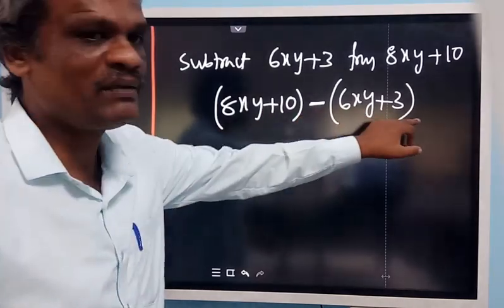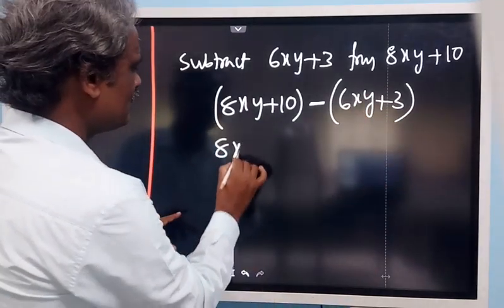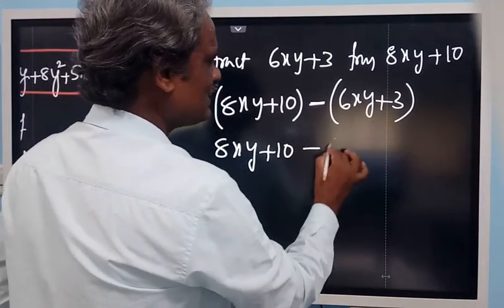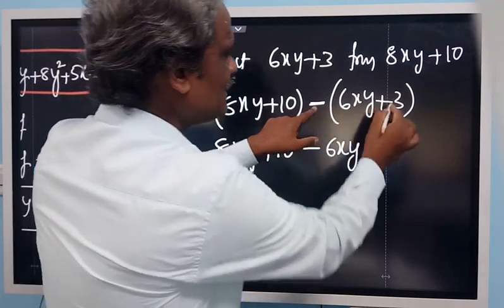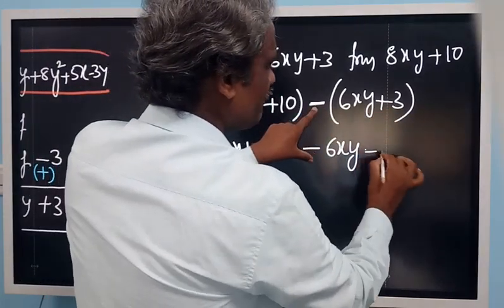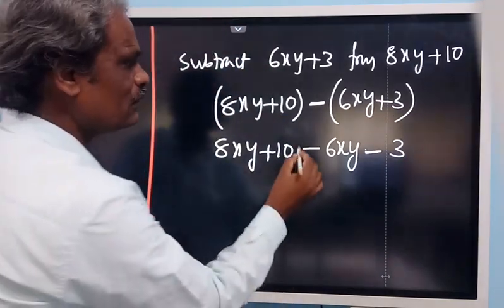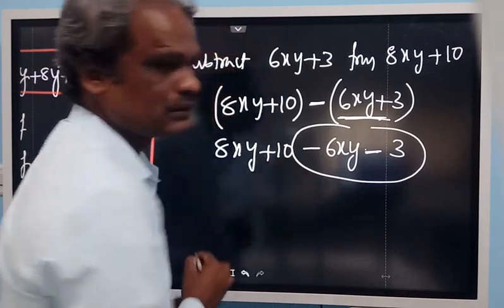So I need to multiply the minus sign to the second expression. What happens? This will become 8xy plus 10, and multiplying this one, minus 6xy. See, the plus sign becomes minus. Minus into minus, minus into plus, minus 3. Here the plus sign becomes minus. Whatever sign it was having, everything changed here.